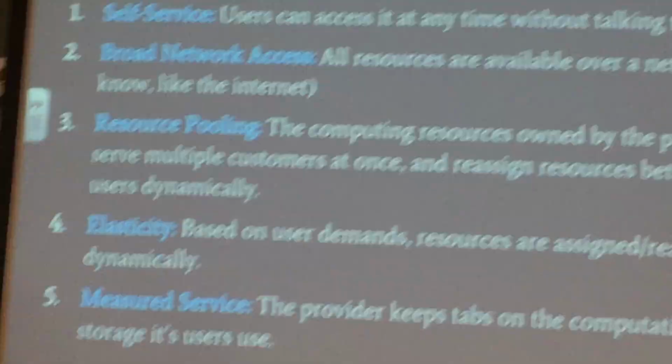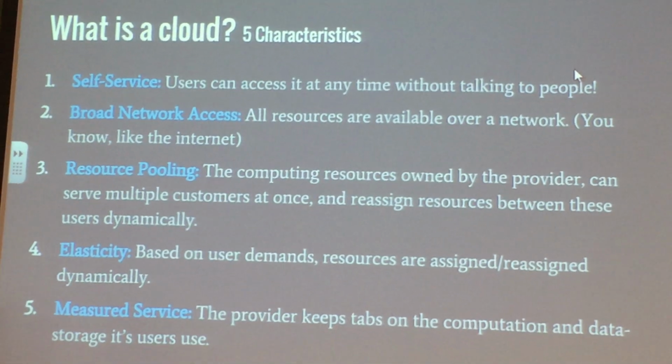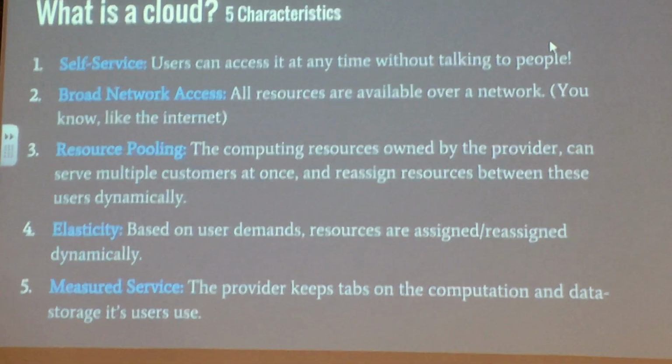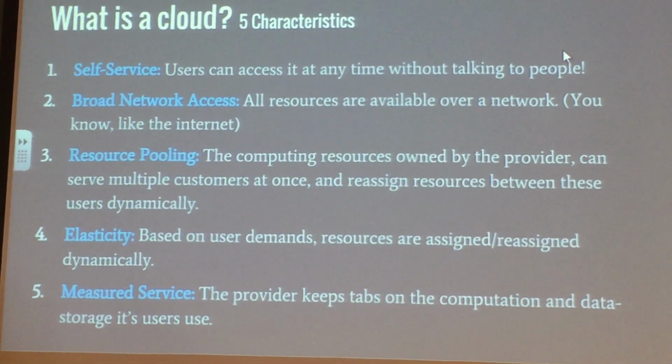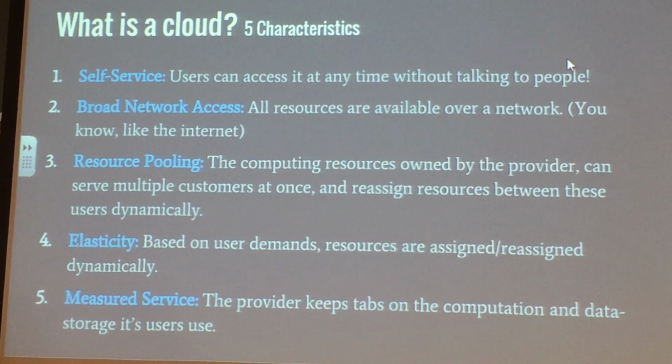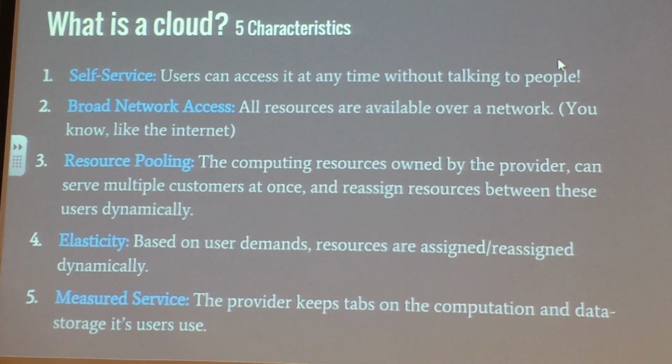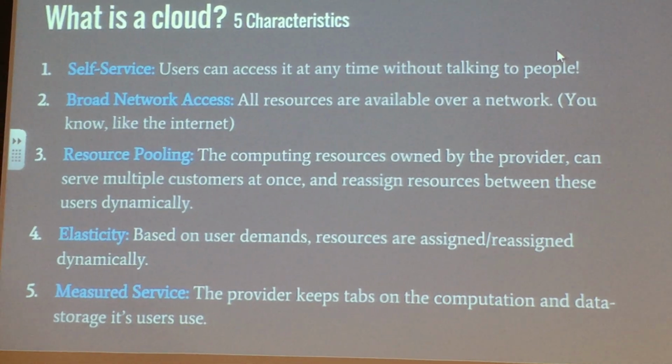Resource pooling means that the provider can have a bunch of customers all working on the same hardware at the same time using virtual machines, and they can reassign physical resources between them without really having to worry about it. Elasticity means the same thing basically: based on demand, the resources can be assigned dynamically. And measured service means they keep tabs on how much computing power and data storage you use, so they can charge you for it. And yeah, what is cloud?